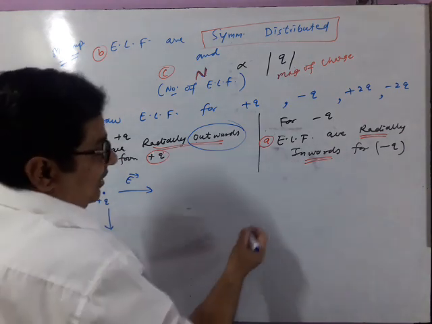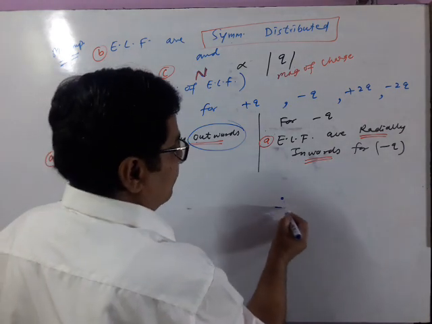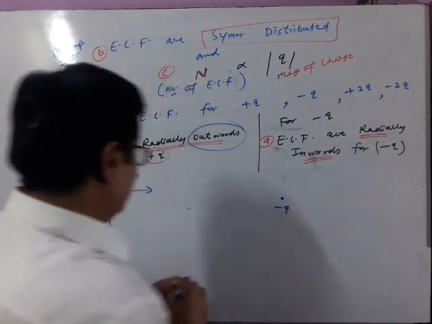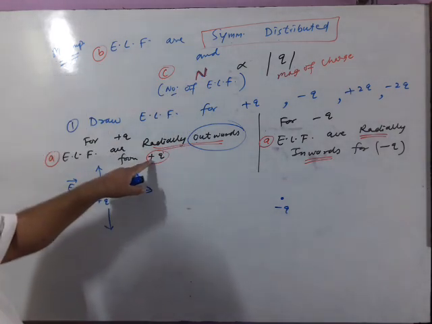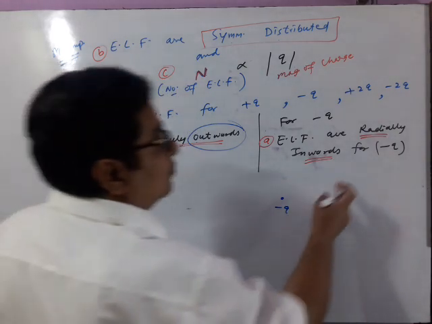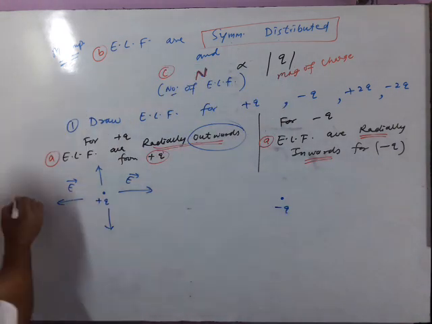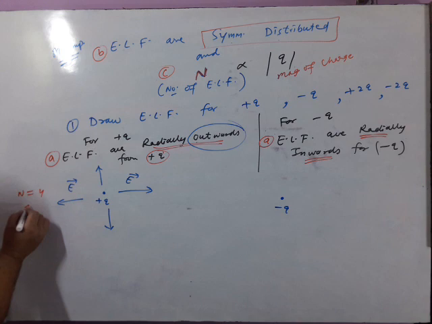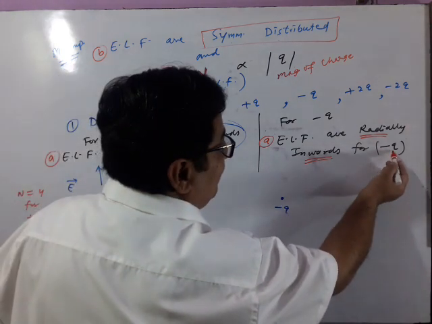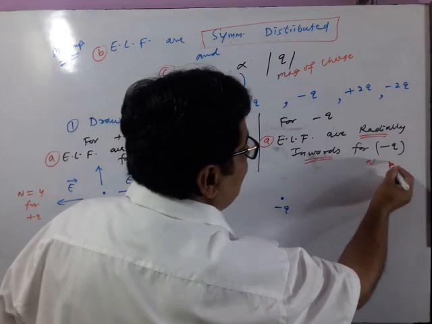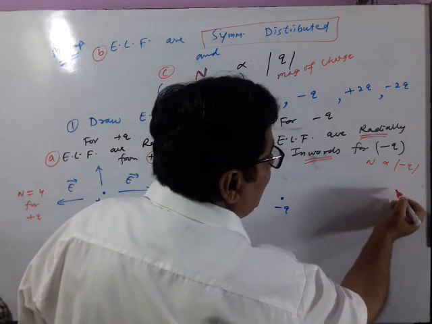C for negative charge, for minus Q. Now apply your mind. Magnitude of charge plus Q is equal to magnitude of minus Q. So if we have shown 4 number of lines for plus Q, then it is having same magnitude, number of lines directly proportional to mod of charge.